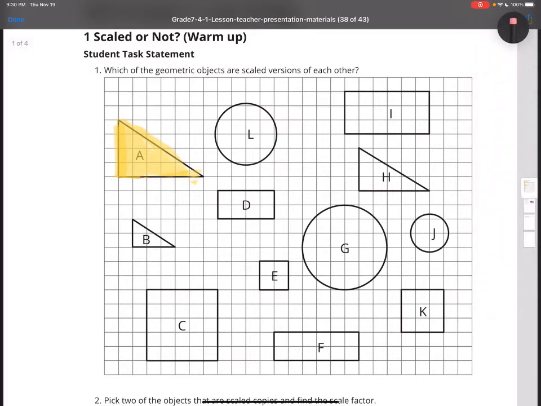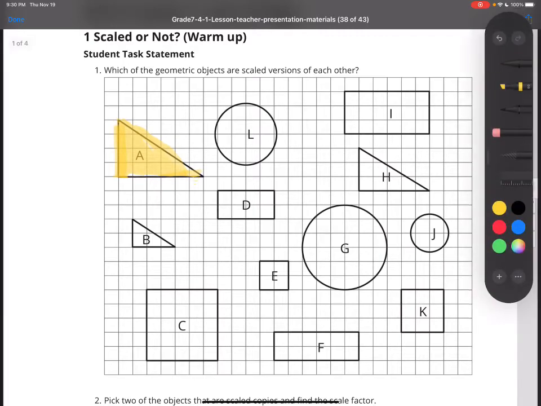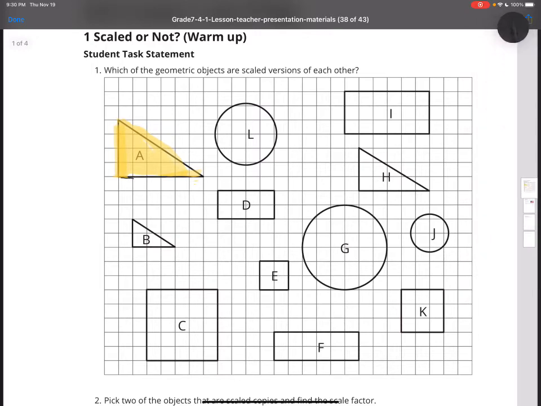So let me erase some of my mess and take some of the measurements. The base for this triangle is 1, 2, 3, 4, 5. I'm going to count this as 6. And 1, 2, 3, 4. I'm going to count that as 4.